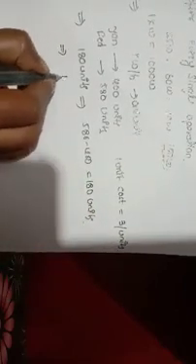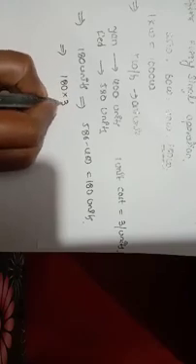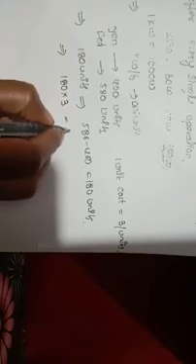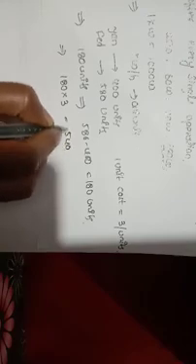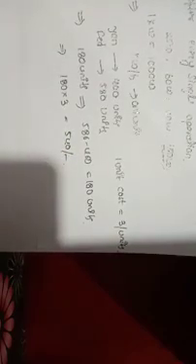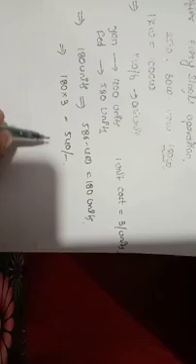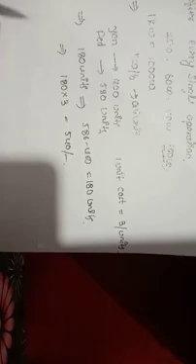He has to pay 180 units into 3 rupees, that is equal to 540 rupees, that particular family has to pay. So like this we calculate the amount. The person who comes from the electrical department calculates how much we need to pay for a particular month. They calculate like this, and that is the amount we have to pay as the electricity bill.